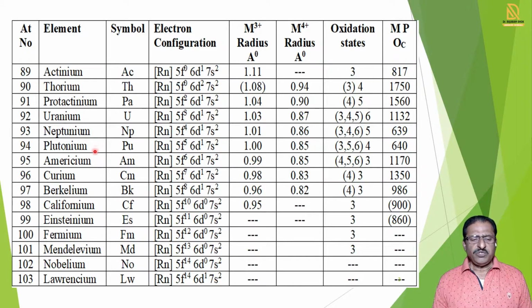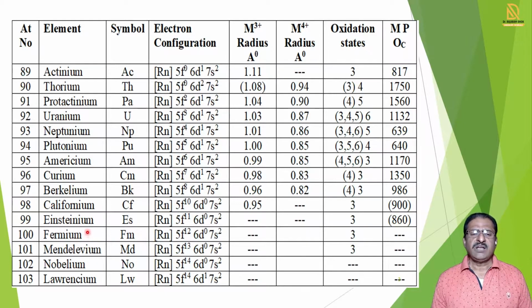Now, if we see the names of these elements, then we can find that there are some names of countries, some names of scientists, and some names of cities. And why are these names given?